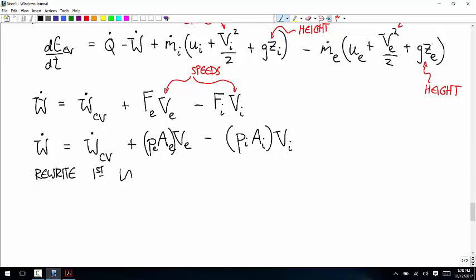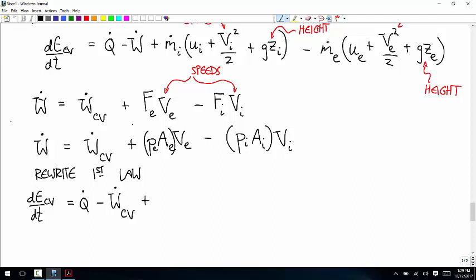So we're going to rewrite the first law. And we get dE_CV/dt is equal to Q dot minus the work change in the control volume plus A times... okay, I'm going to have to make one more.